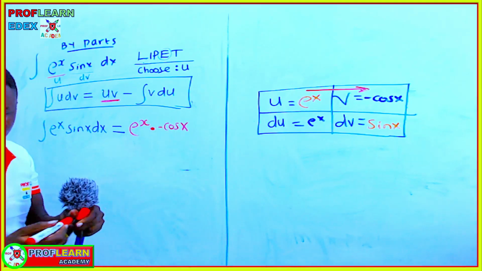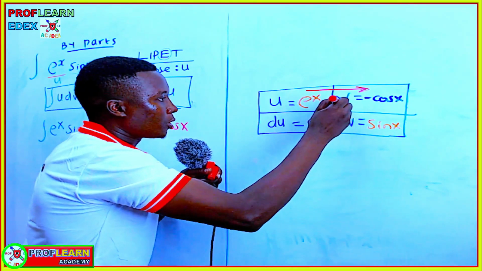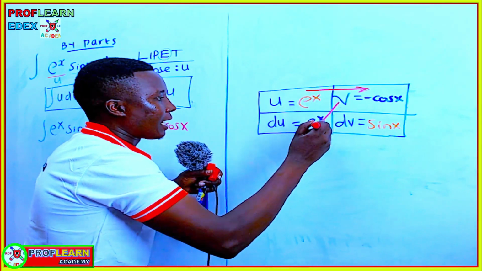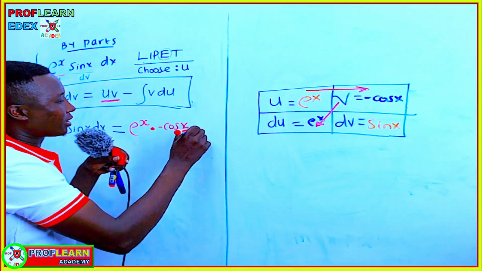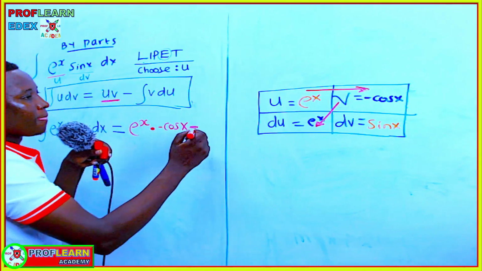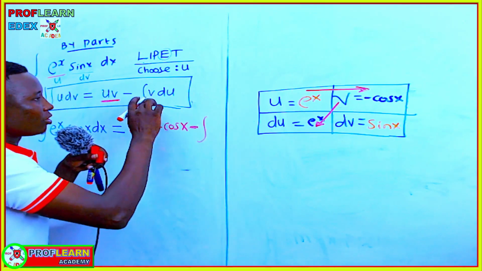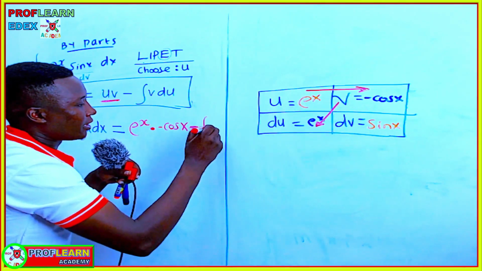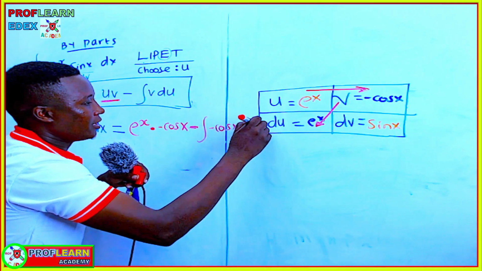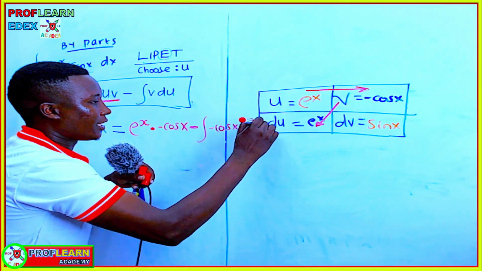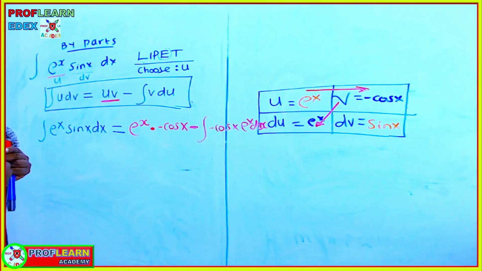Then you multiply diagonally, and when you are multiplying diagonally, you take that as a negative. That's why we are having this negative here, and this is going to be the integral of v, which is negative cos x, times e to x, dx.